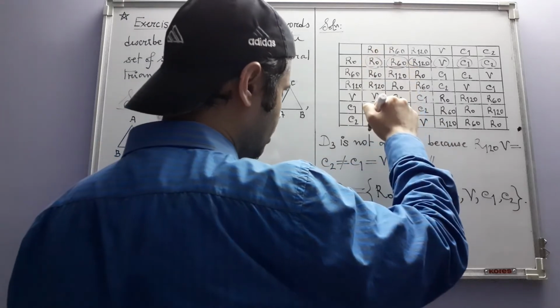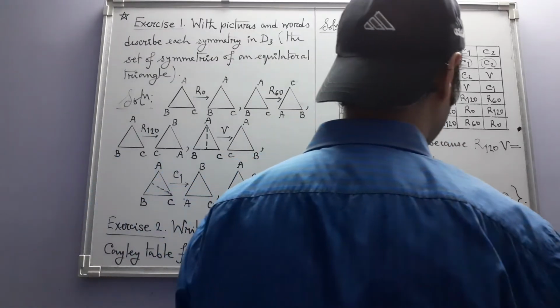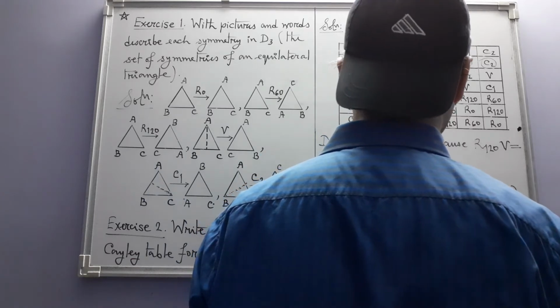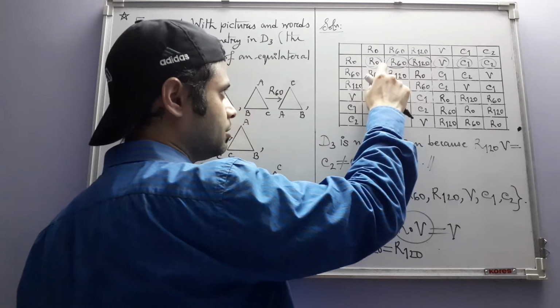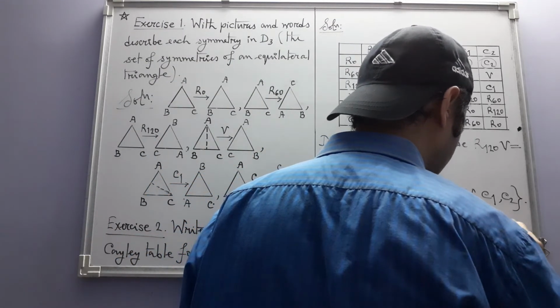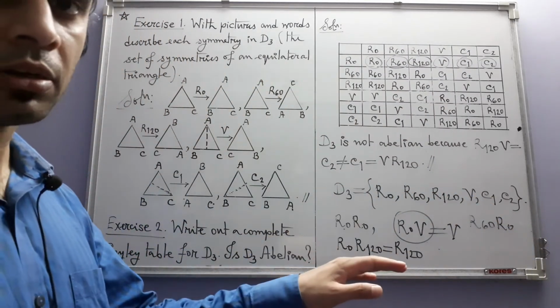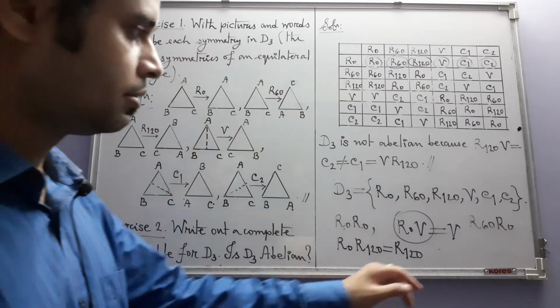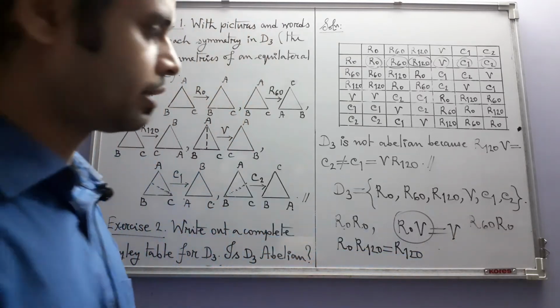In the first column, the order is reversed. Here R naught comes as the second factor. For example, this one is R60 R naught. Apply R naught first, which does nothing, and then you apply R60, which is the same as just applying R60.